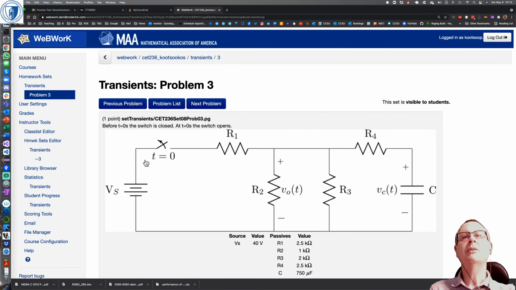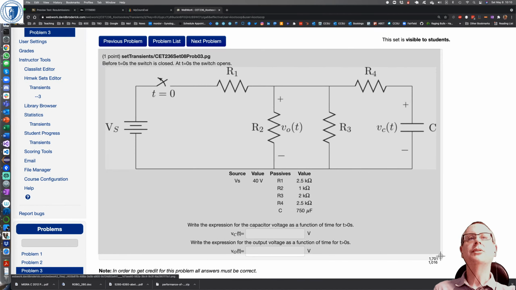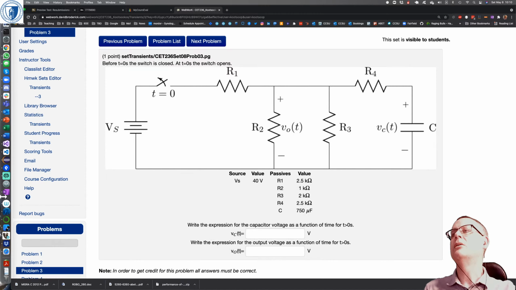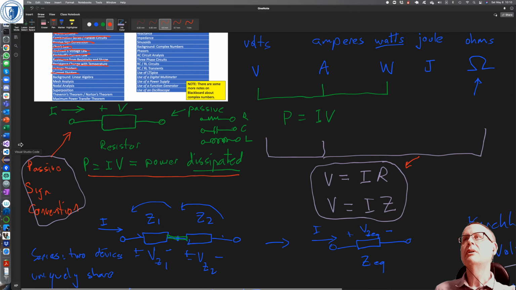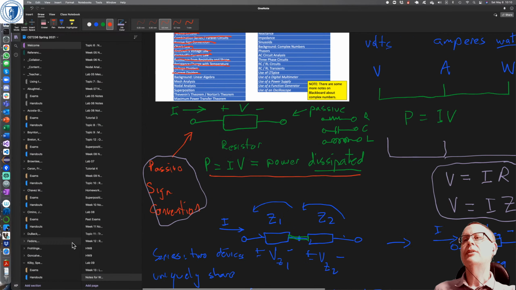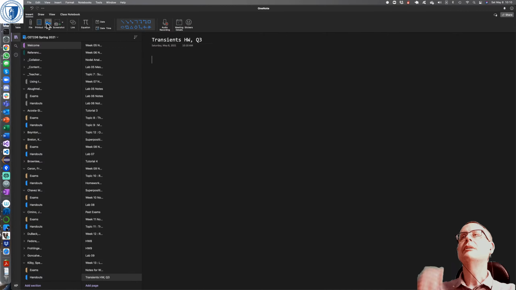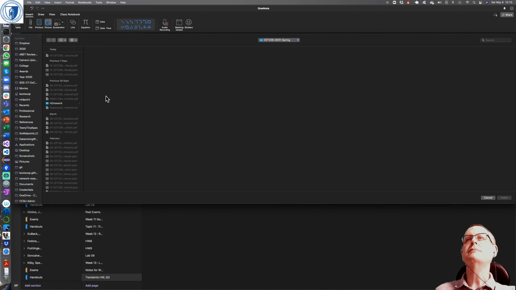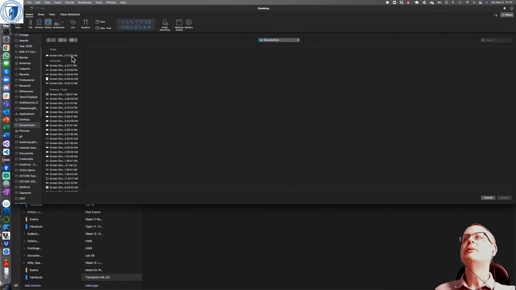Okay, so there's my version of problem 3, and let's just grab the screenshot and take it over to OneNote, and I'll just add another page. And let's insert that screenshot here so we can have a look at it.